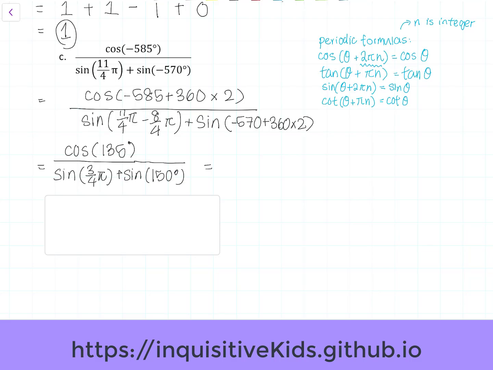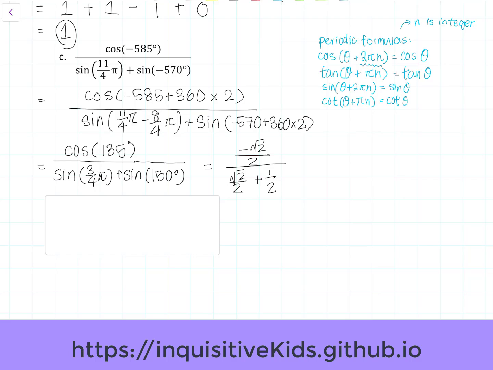So the cosine of 135 degrees is negative square root of 2 over 2. And the sine at 3/4 pi is equal to the square root of 2 over 2. The sine at 150 degrees is equal to 1/2.